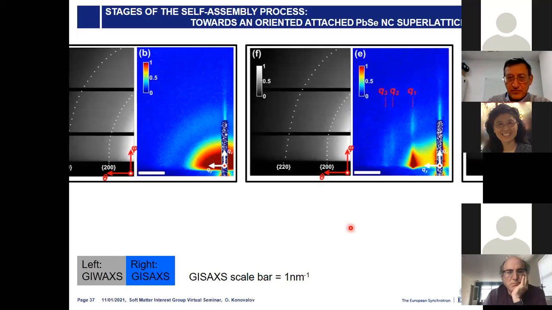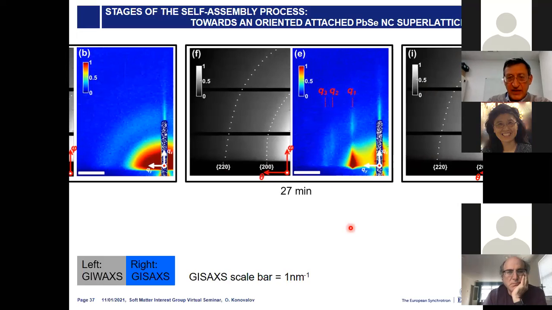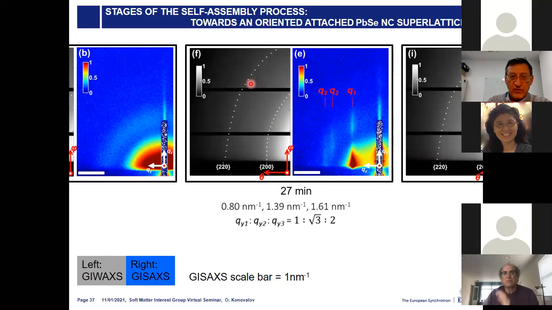Then time passes, and after roughly half an hour of operation, we see that this image transforms into another one, where there are several Bragg peaks which correspond to the hexagonal packing of the nanocrystals. Still, there is not much information from the WAXS.